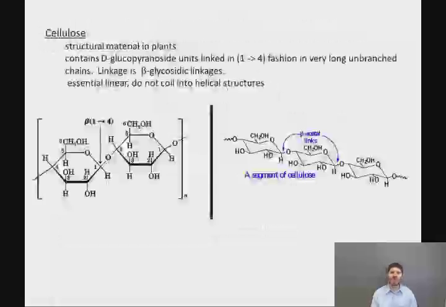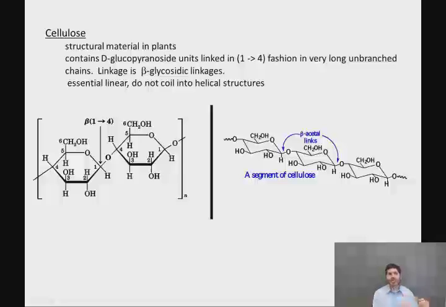Finally, the last polysaccharide that we need to be concerned with is cellulose. Cellulose is the structural material in plants. That's what makes plants strong. It's what they're largely made of. And cellulose is not broken down for food.